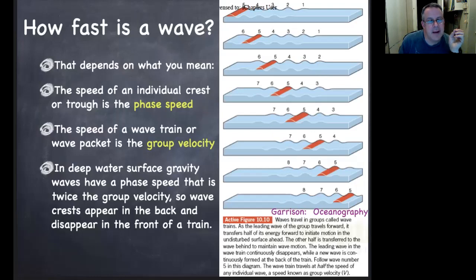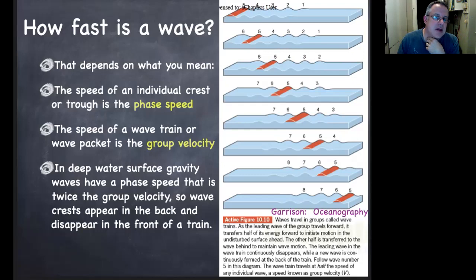So for a surface gravity wave in deep water, the phase speed is twice the group velocity. So as this group moves up, it goes from 8, 7, 6. The group is moving along. It's not moving as fast as this red marker. It's moving half as fast. Whereas this particular number 5 wave is propagating faster than the group.